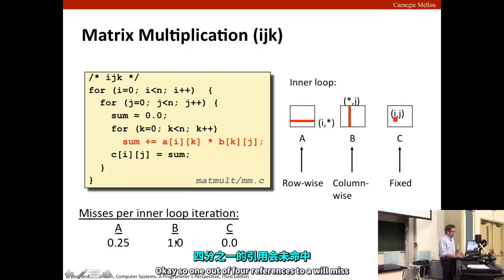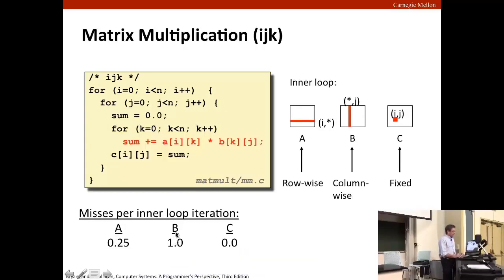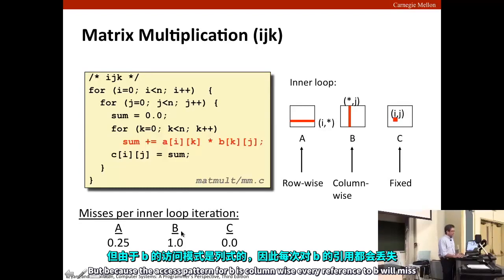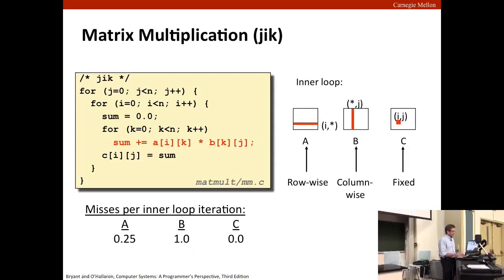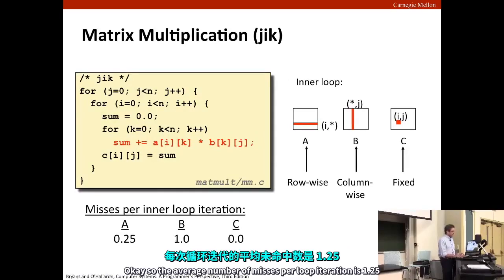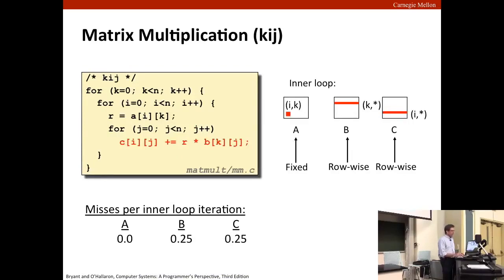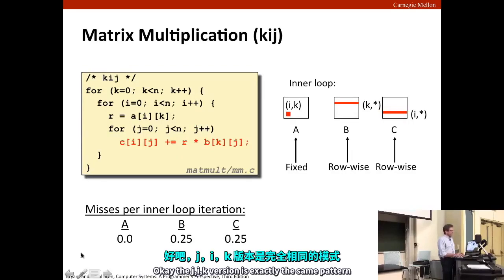So 1 out of 4 references to A will miss. But because the access pattern for B is column-wise, every reference to B will miss. So the average number of misses per loop iteration is 1.25. The JIK version is exactly the same pattern.